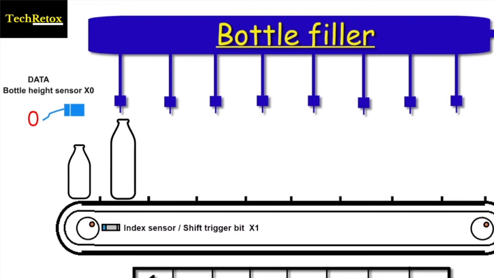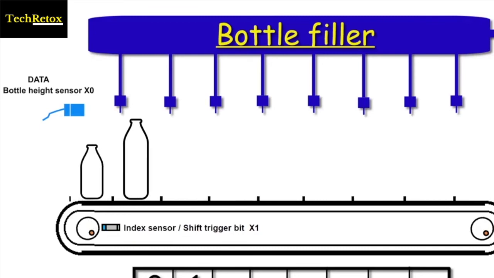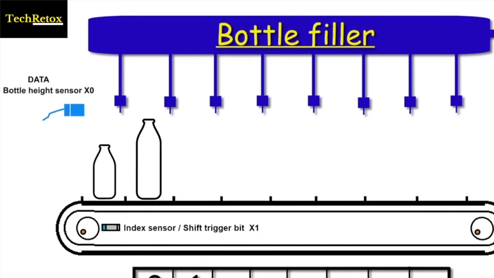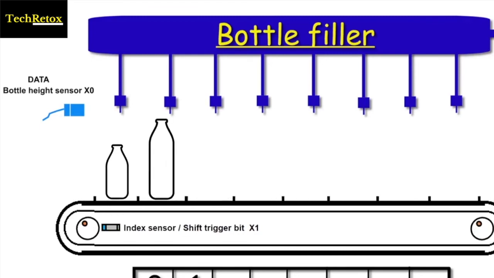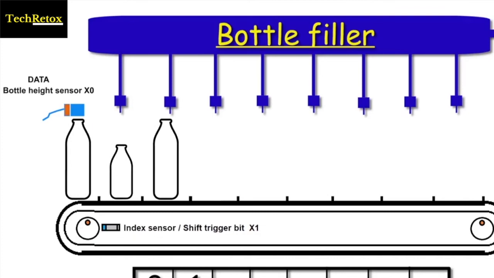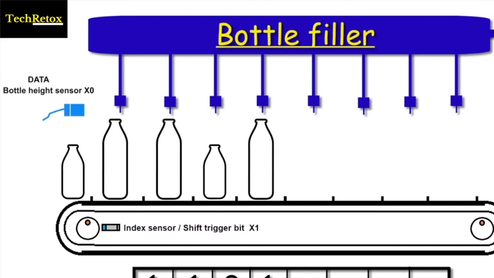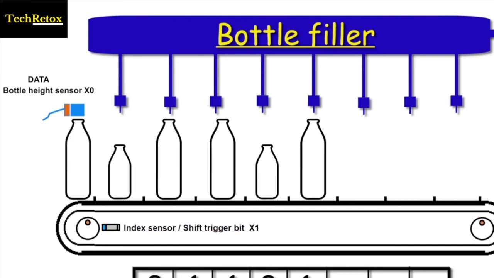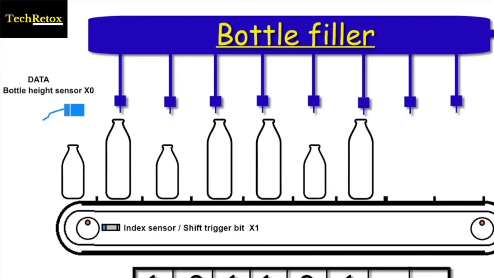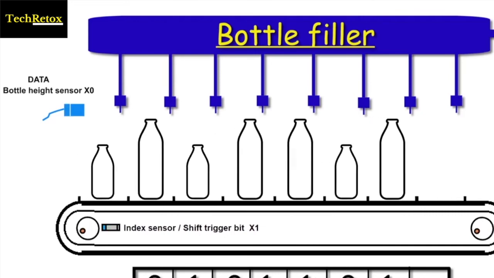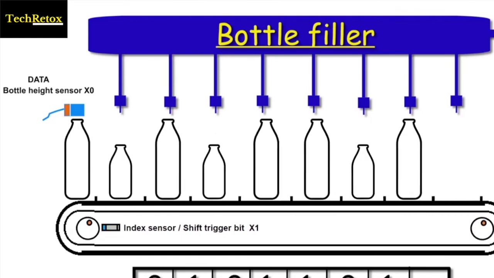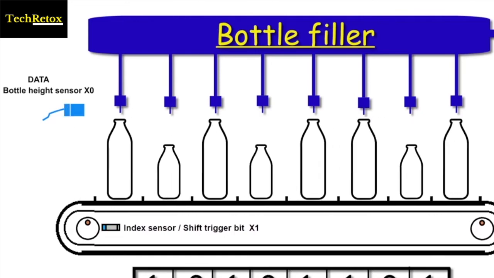As the conveyor moves one step ahead and the index sensor triggers, the data bit 0 is moved to the first place of the data register. Similarly, the data bits in the form of zeros and ones are being entered into the data register and shifted forward to the right side each time the index conveyor sensor is triggered.